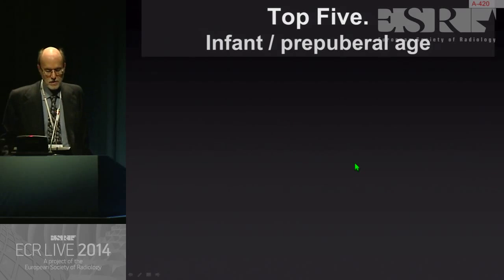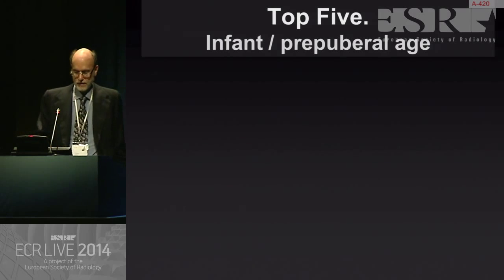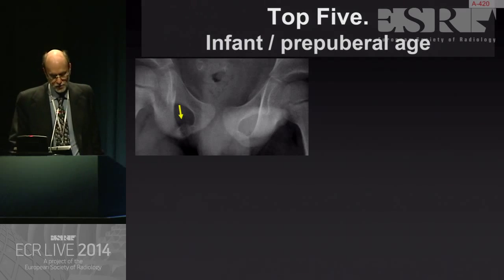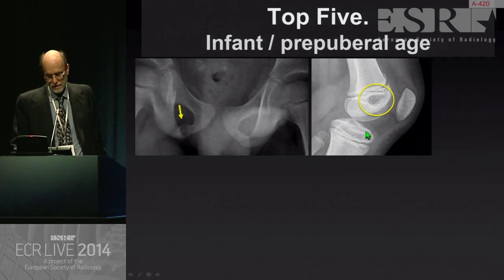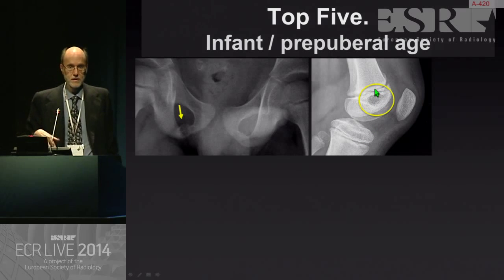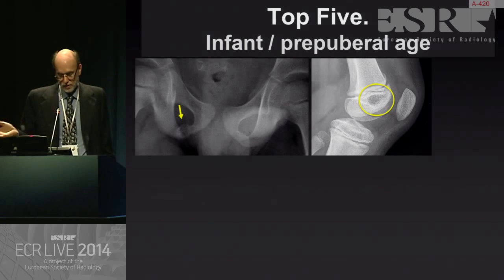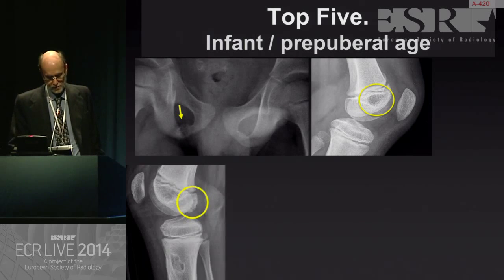Beyond the neonatal age, this is my particular top 5. The exuberant ischiopubic synchondrosis, the areas of pseudocystic lesion, either in the knee or in the calcaneus, more common in the calcaneus.